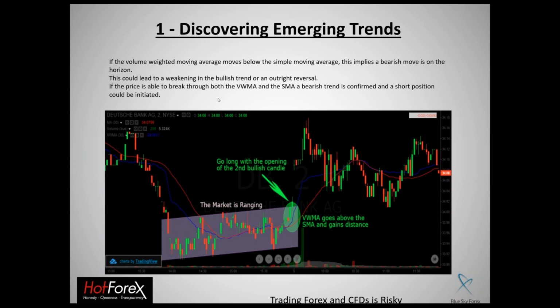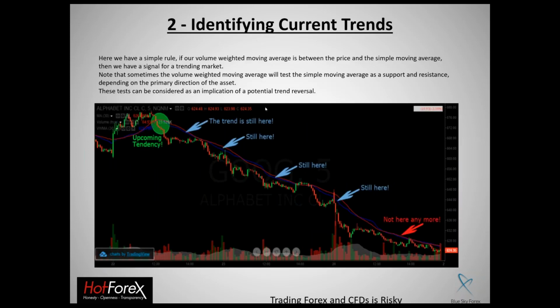This is somewhat related to the very first way you can utilize this. When you have identified a trend forming based on the volume weighted moving average and the simple moving average, it's in a similar way as you see the relation between the simple moving average and an exponential moving average, for example.